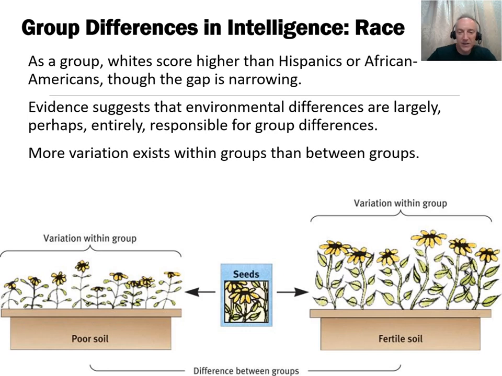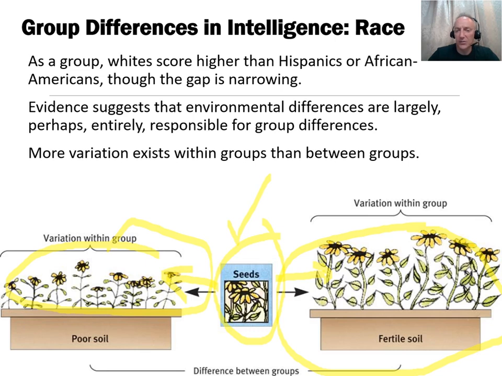As an example, let's say we take seeds from the same packet and plant them in two different environments. One we're going to call a rich environment where we're going to water it, we're going to fertilize it. One where it's going to be a poor environment where they have no water, no fertilizer. Even though they came from the same genetic stock, they're not going to have the same plants in the end.